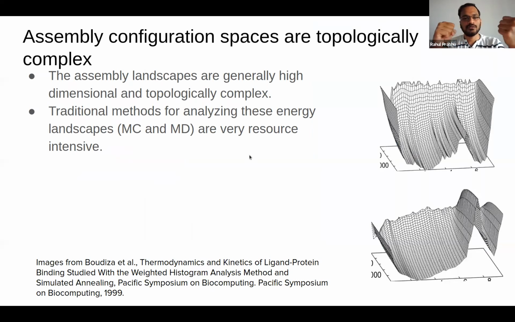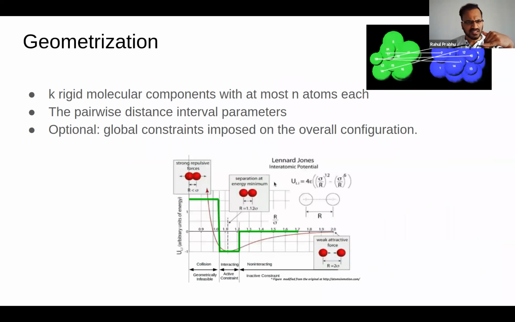And if I want to generate the configuration space of all the orientations one protein molecule will take with respect to the other, this configuration space is topologically very complex. I'll get a little bit into why it is topologically complex.